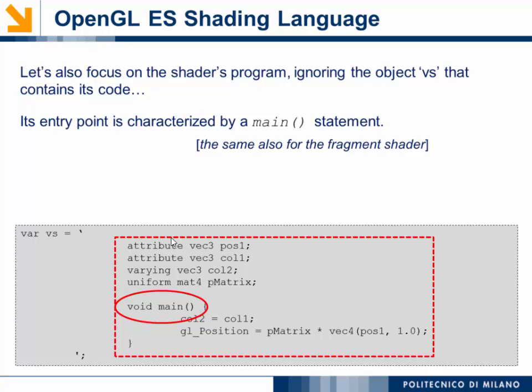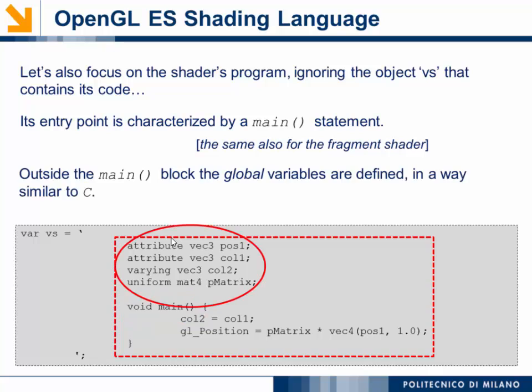The same is true, of course, for the fragment shader, so we don't replicate the description for it. If we put any variable outside the main function, it becomes, of course, global. And if we are managing attributes, varyings and uniforms, they must be globals.